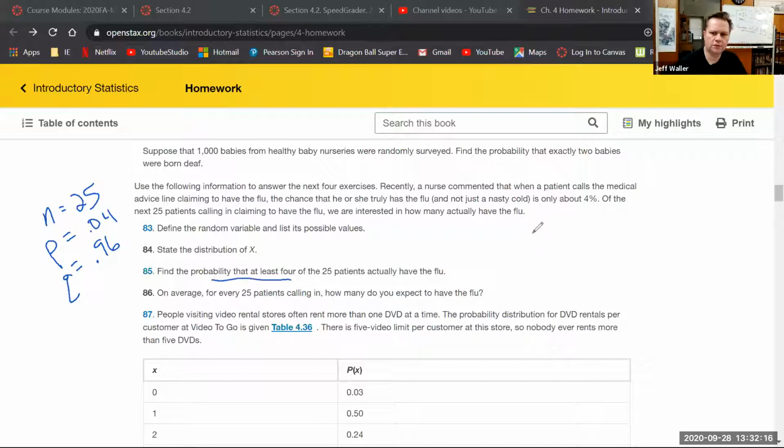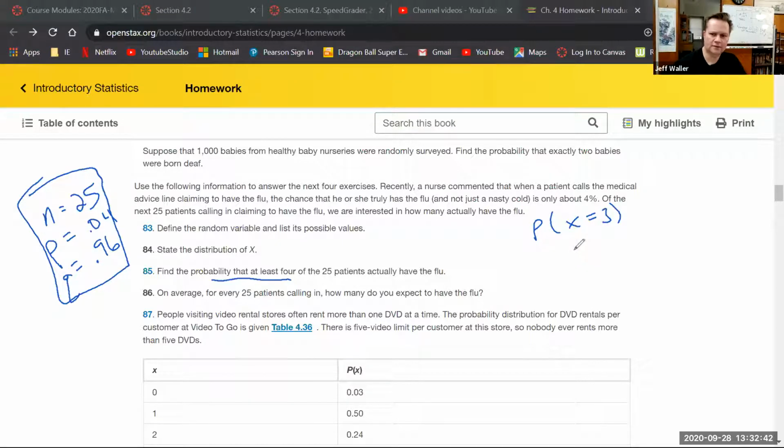So what if I ask you, what's the probability that exactly 3 have the flu? How would you set up that formula, knowing these things? I'm not doing this problem, I'm making it my own problem because I can.